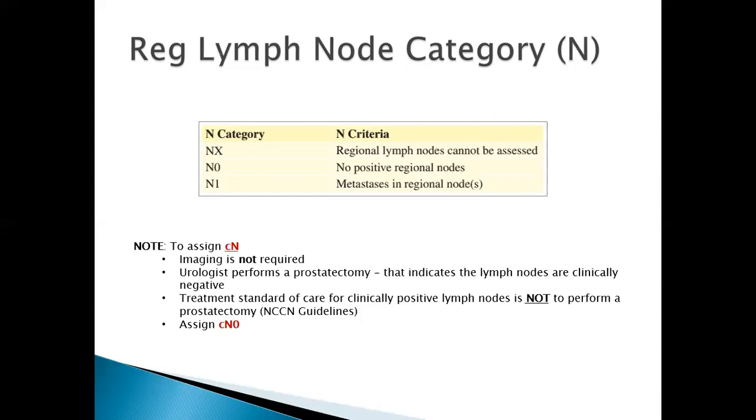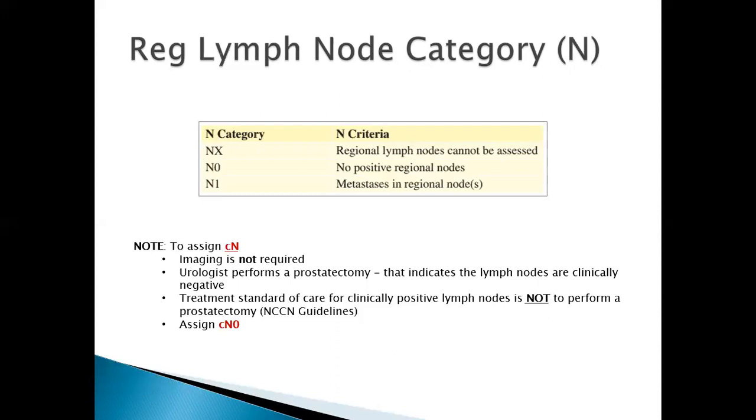It's just not required. If the urologist performs a prostatectomy, even if they don't write it in the medical record, that means they believe the lymph nodes are clinically negative, okay? And how do we know that? Because urologists follow standard of care.